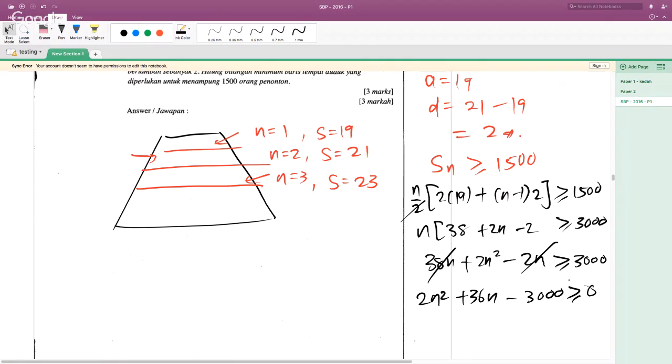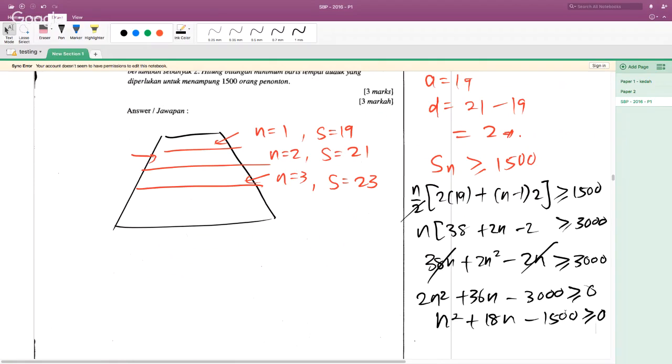Okay, this is quadratic. So when later you factorize, you must be very careful when this is quadratic. But I divide 2 first, plus 18n minus 1,500. Okay, so I factorize, in this case I guess we will actually get decimal. Let's try using the EQN thing.